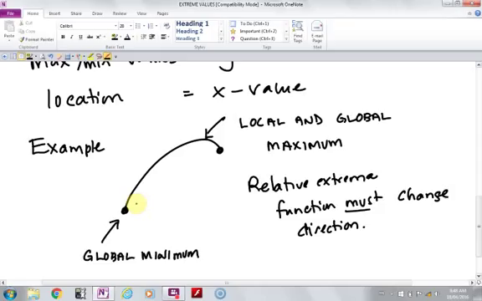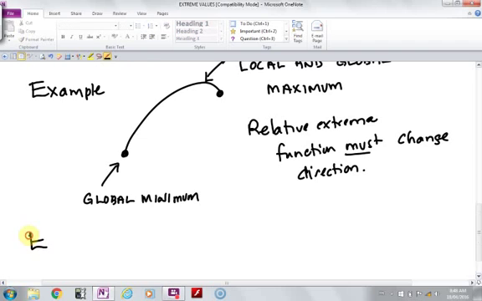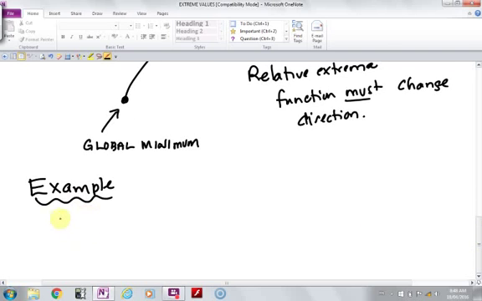Okay. Oh, and I didn't write the function in. How about that? All right, so we're going to do another example here. And it is, you can write it in, f of x equals 4 minus 3x minus x squared.